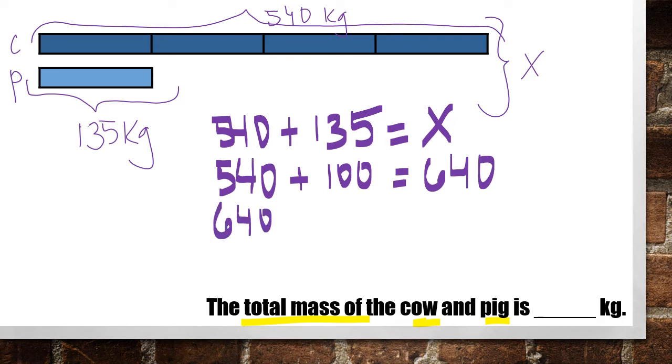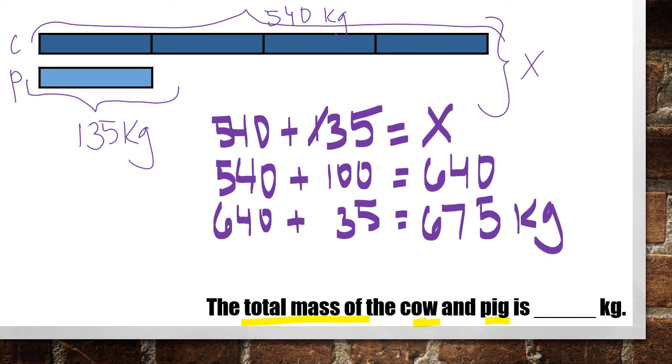I've used that 100, plus 35. I can do that one step like that. So 640 plus 35 is going to give me 675 kilograms.